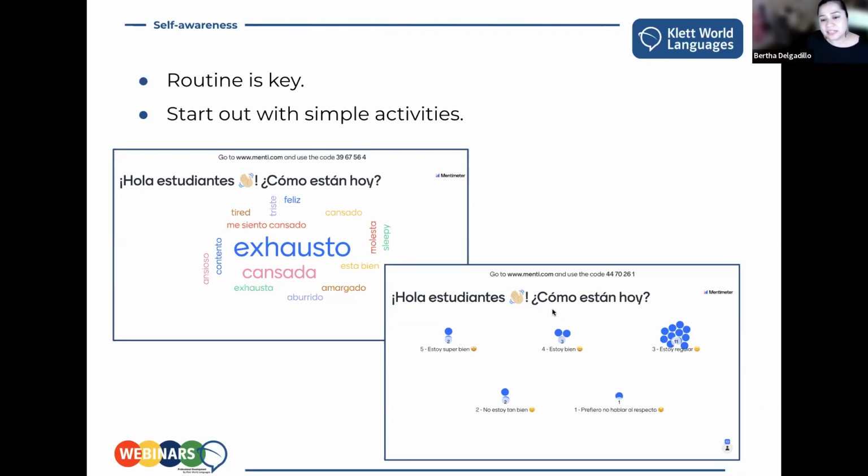And here's another example, same question, but instead of having them give me the adjectives, I made it a little bit easier. And yes, this particular one is anonymous. I will know if all of them participate because I have the number 19 in there.